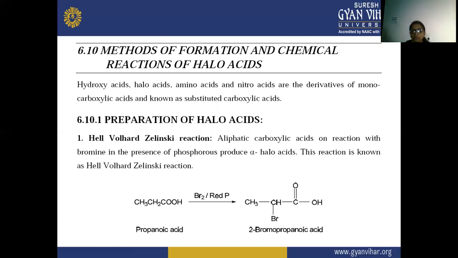So the first method is the preparation of halo acid. The first method of the preparation of halo acid is the Hell-Volhard-Zelinsky reaction. In this, aliphatic carboxylic acids on reaction with bromine in the presence of phosphorus produce alpha halo acids.